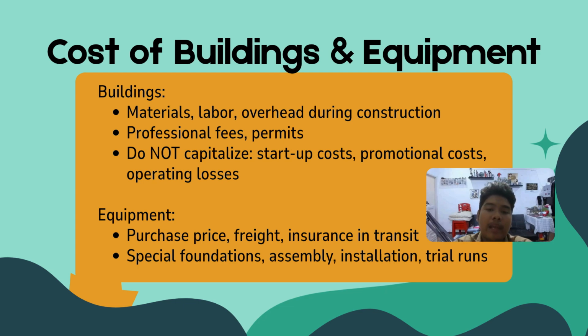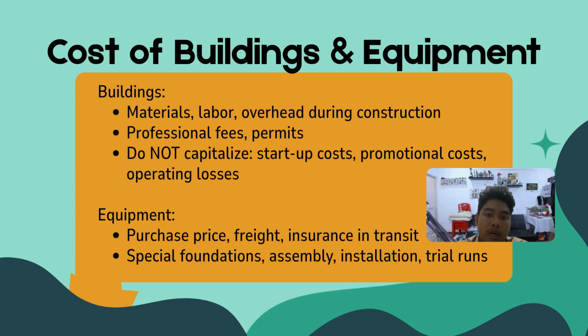Okay, now building and equipment. For buildings, capitalized costs include material, labor, and overhead during construction, professional fees, and building permits. But do not capitalize startup costs, promotion costs, and early operating losses. Those are expenses, not costs of the asset.